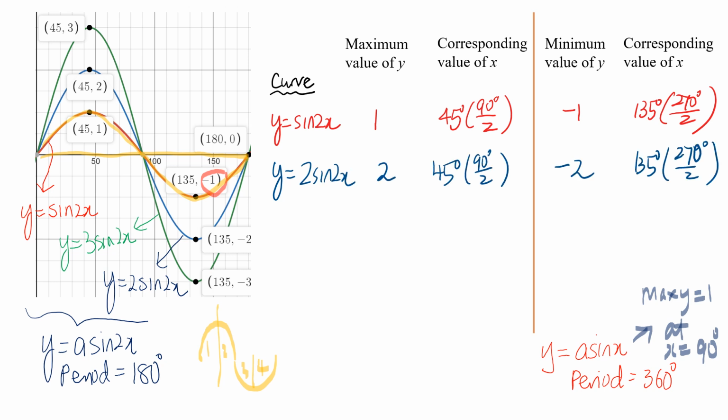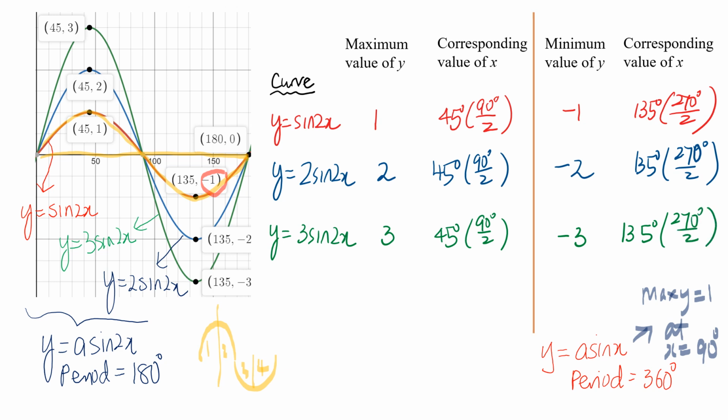The maximum value of y is 2, the minimum value of y is negative 2. However, the angle remains at 45 degrees for the maximum value, and 135 degrees for the minimum value. If you go on to y equals 3 sine 2x, the maximum value is 3, the corresponding value of x is 45, the minimum value of y is negative 3, and the corresponding value of x is 135.